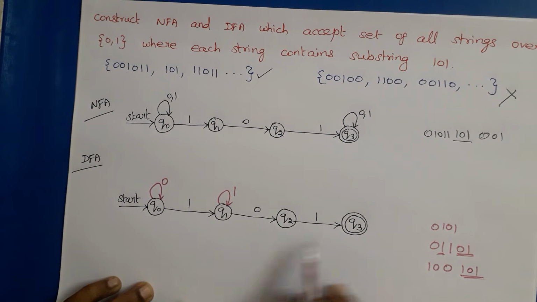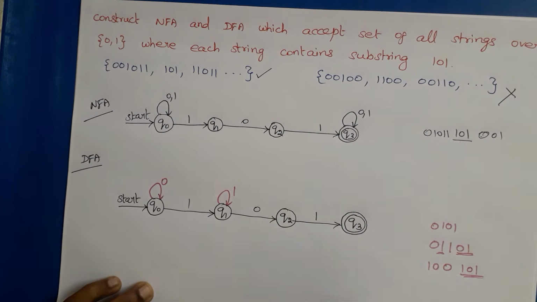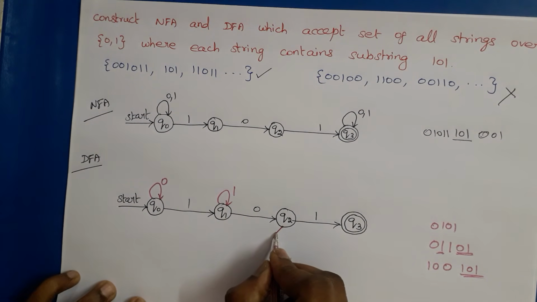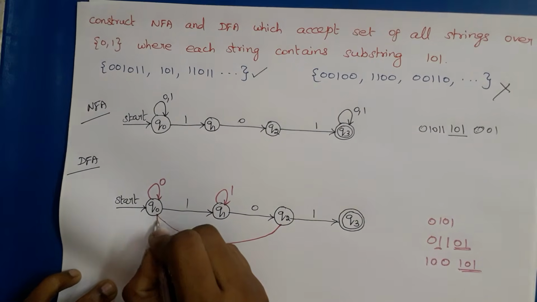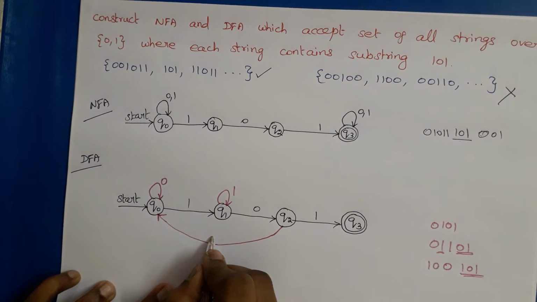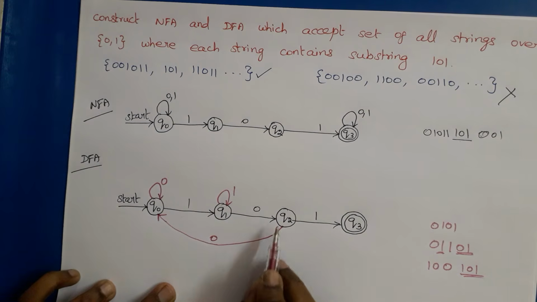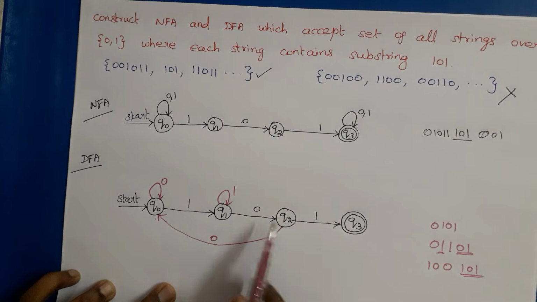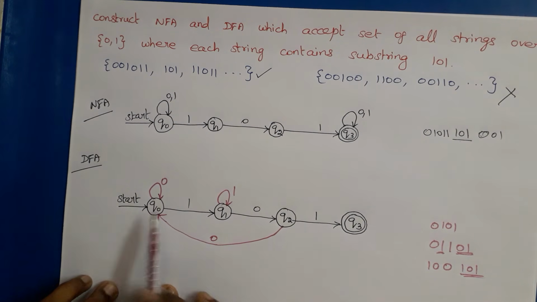So from Q2 to Q0, we have to draw a transition for the input symbol 0. If 0 is coming, it has to go to the start state, because we need to recognize 101 to reach the final state. So we have drawn two transitions for Q2 also.